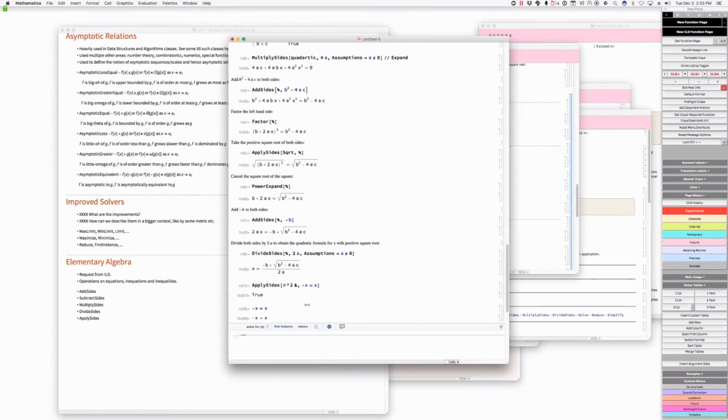So, question: in some of these, like add sides, there is not a 1 argument form, right? Is that right? So divide sides and subtract sides have a 1 arg form. Multiply sides and add sides do not, because I'm not sure what that would do or be interesting for.